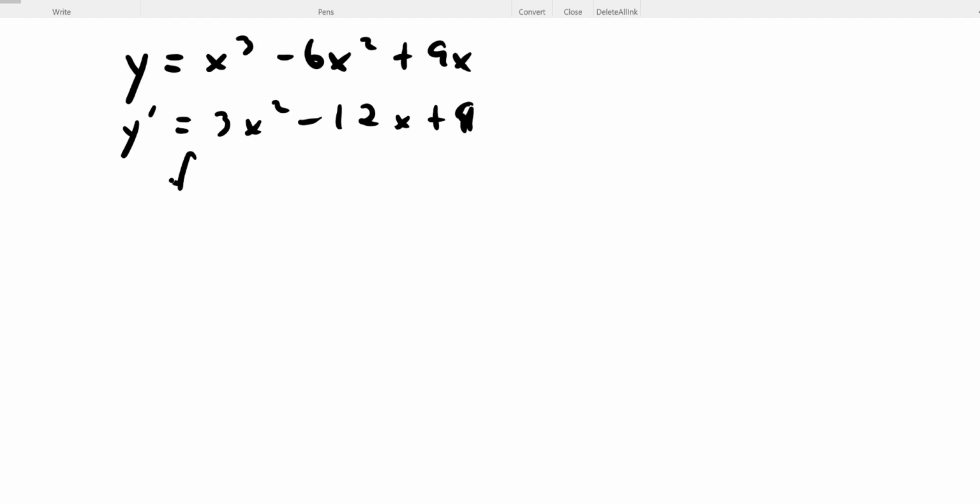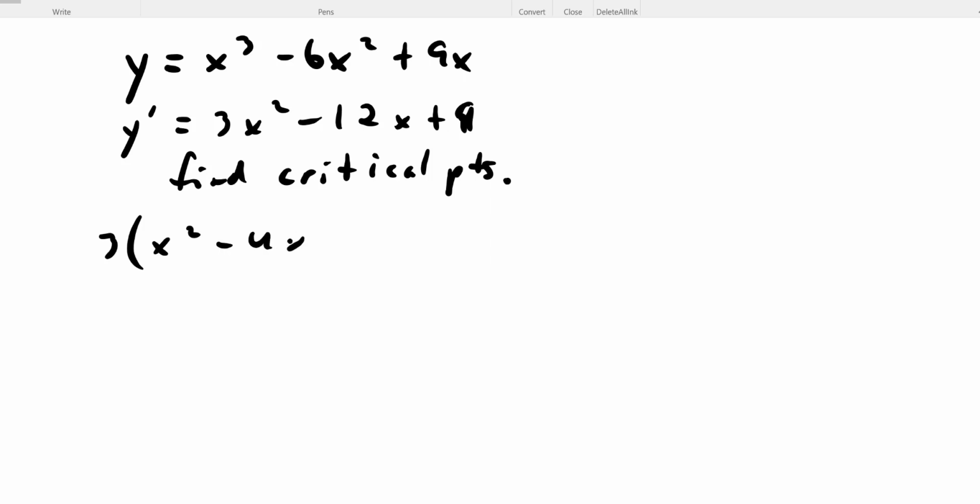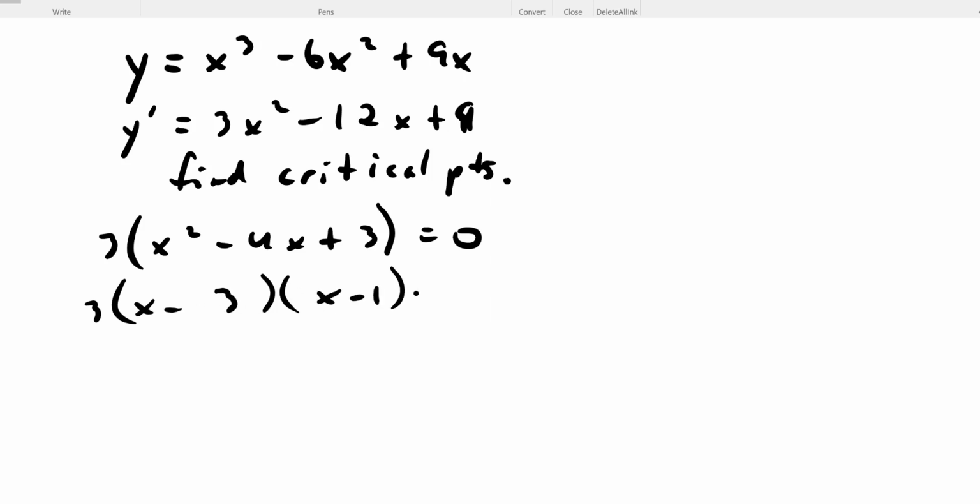I'm going to find my critical points first, setting that equal to 0. Factor 3 out and you get x squared minus 4x plus 3, set equal to 0. Factoring, I get (x minus 3)(x minus 1). So my critical points are 3 and 1.